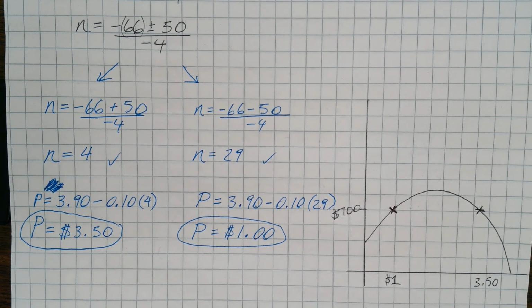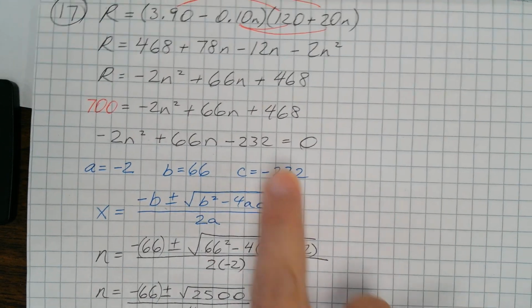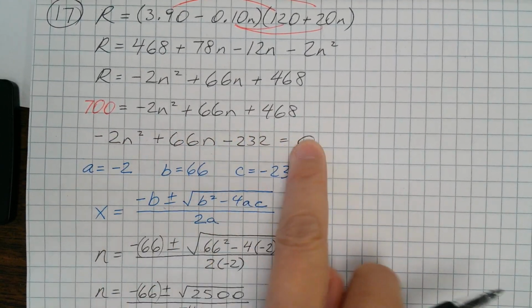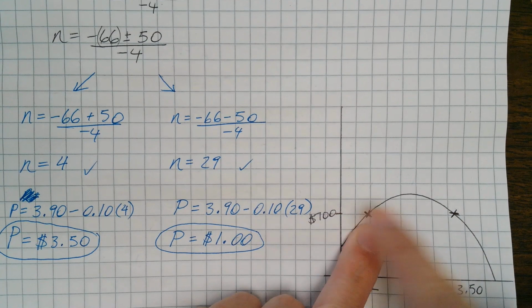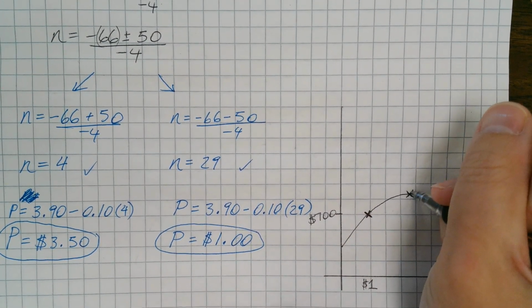Now, what if I ask you at what price would give you maximum revenue? Yep. $2.75. How did you get that? I found the average of the two. Yeah. Okay, so you could go all the way back here and complete the square. But if we did all this work and got to here already, you can just figure out what the middle of them is.